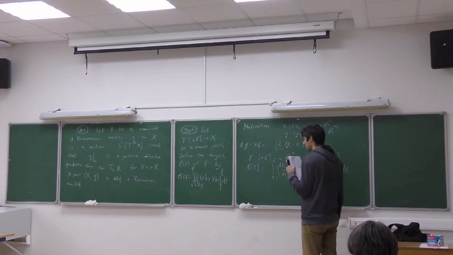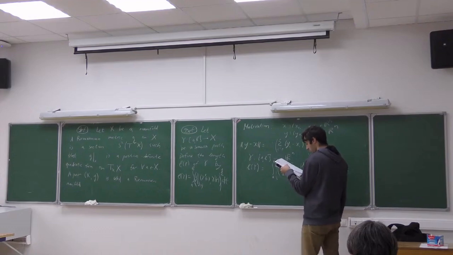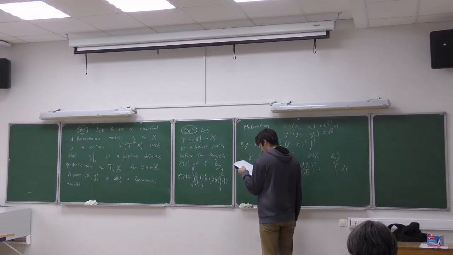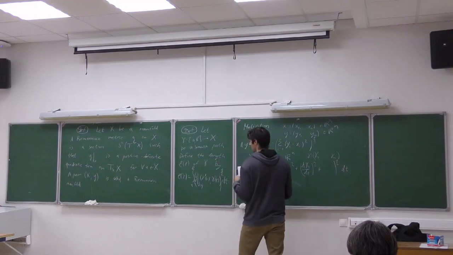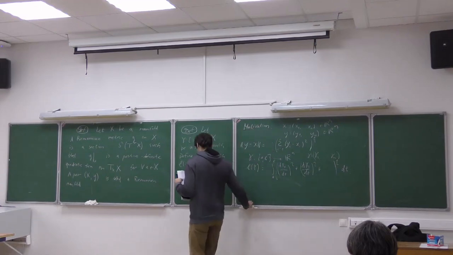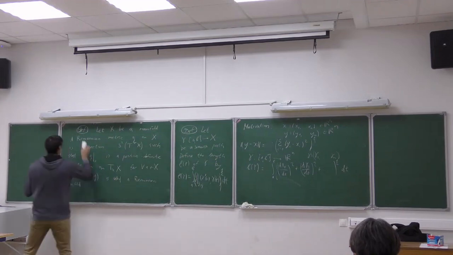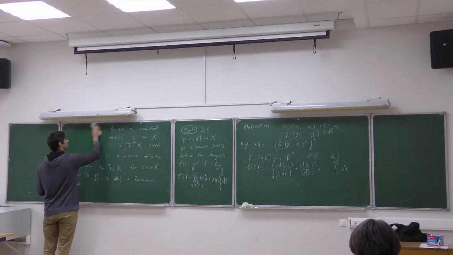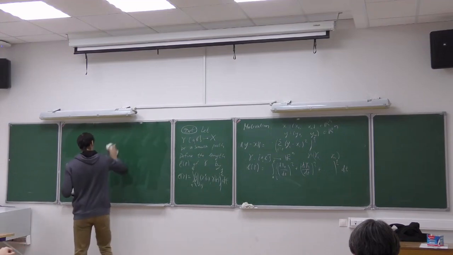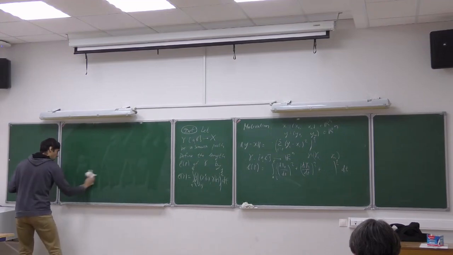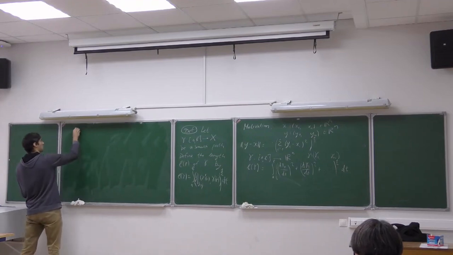Now, the next thing that we need is that on Riemannian manifolds we have a canonical choice of connection, which is called, as I said, the Levi-Civita connection. So let's look at this in the form of a proposition. Proposition.